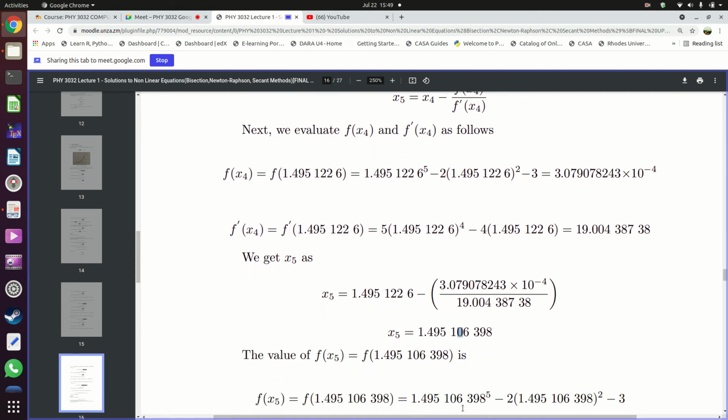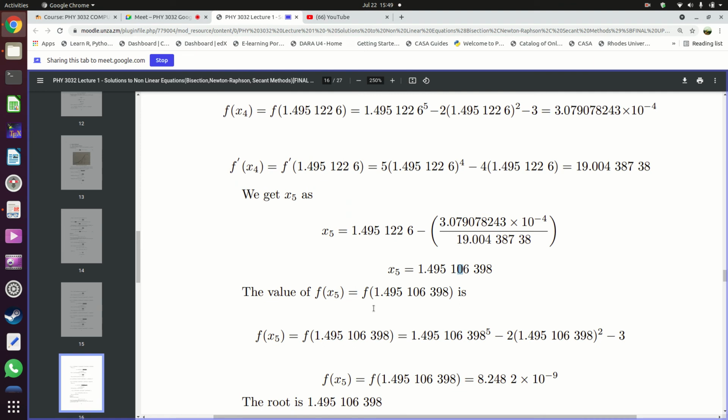So when you work out the value of the function at x5, which is f of 1.495106398, you end up with something very, very small, 8.2482 times 10 to the power minus 9.